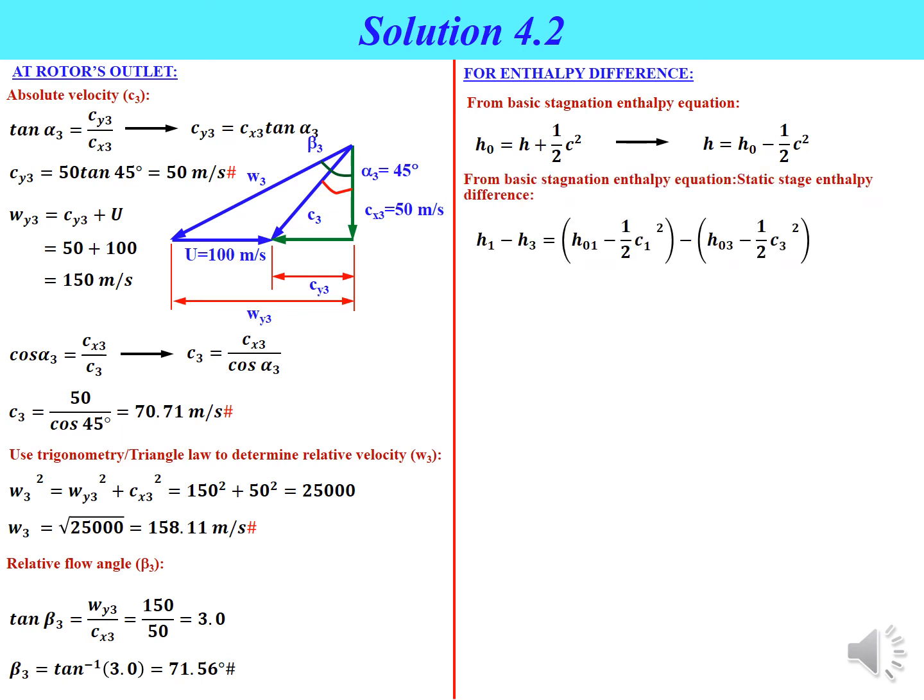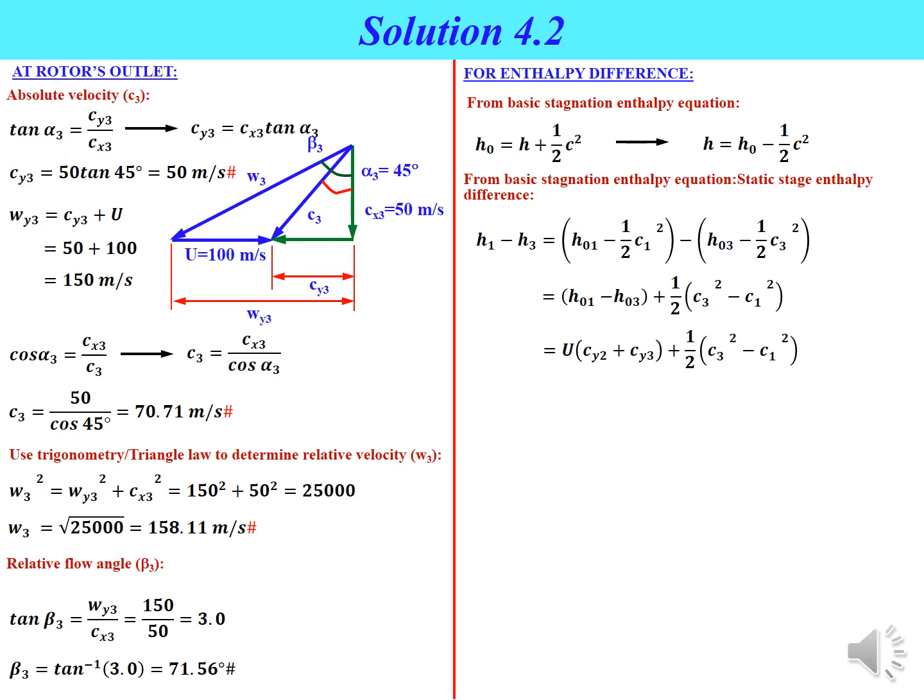By referring to this equation, we get the static enthalpy difference H1 minus H3. Substituting, H1 minus H3 equals H01 minus H03 plus half (C1 squared minus C3 squared).